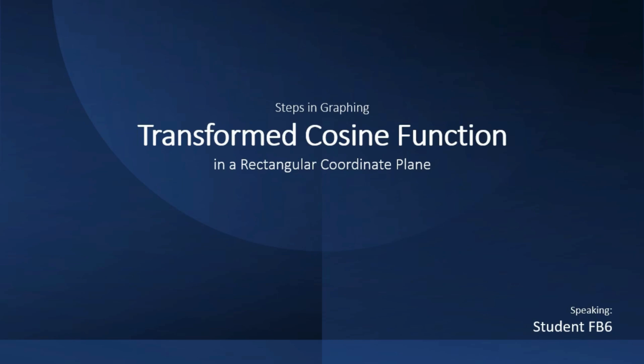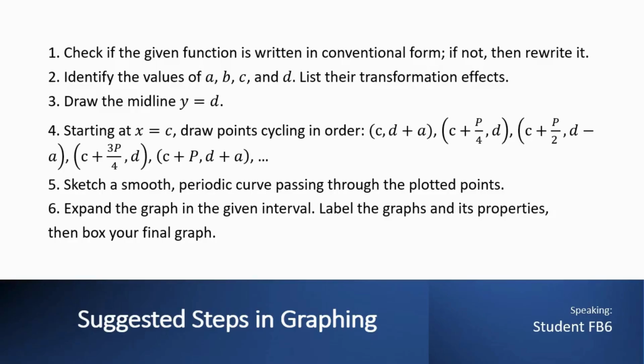Given everything that we have learned in transforming cosine functions, let us now discuss and apply what we have learned in graphing the transformed cosine function in a rectangular coordinate plane. Here are the suggested steps in graphing a cosine function in a rectangular coordinate plane.